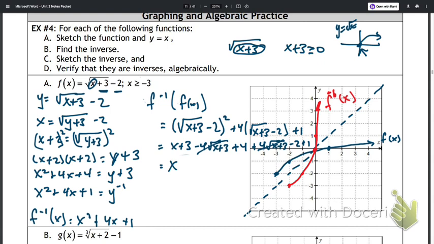Let's see. This should be a plus 4. Oh, I forgot to distribute this right here. I'm sorry. This should be an 8 plus that one. All right, so anyway, you should get that to cancel out and equal to x right there. All right, let's do the next thing.